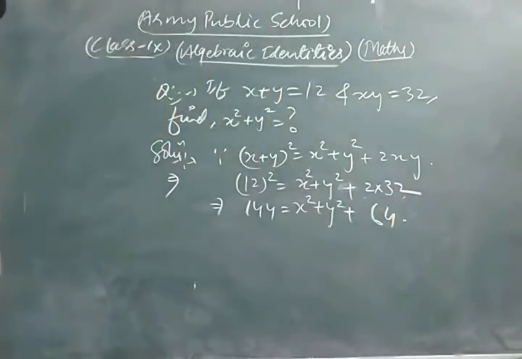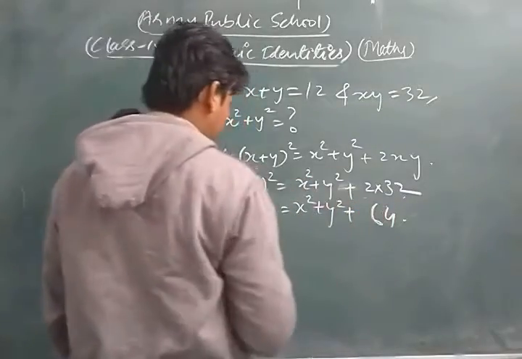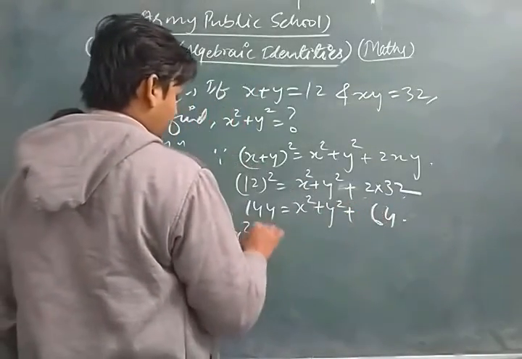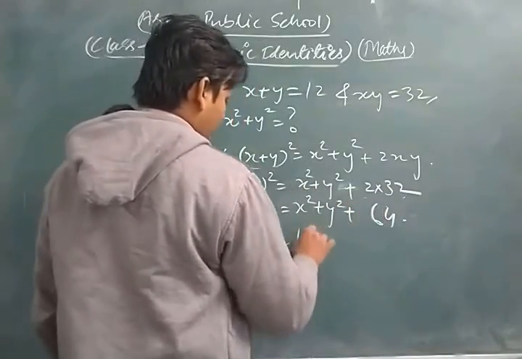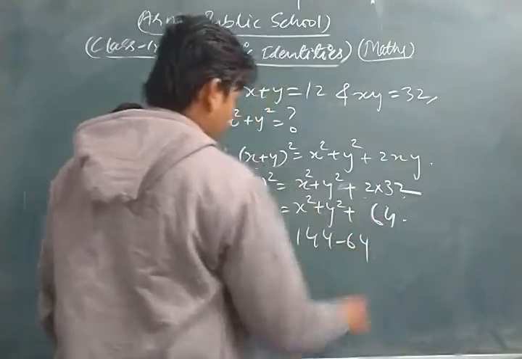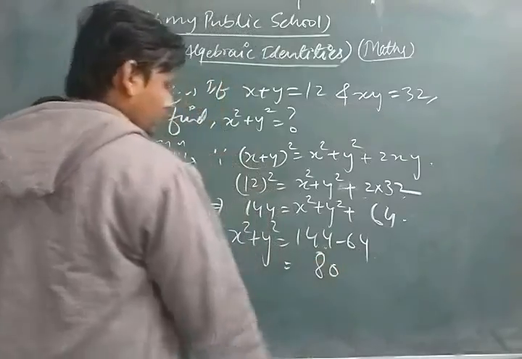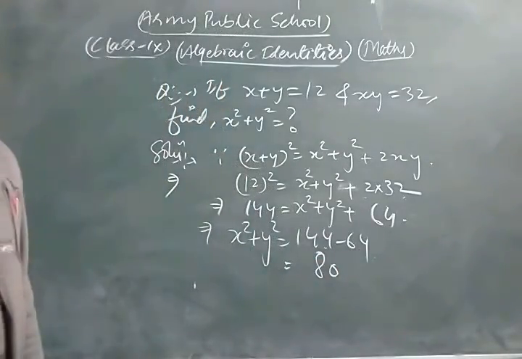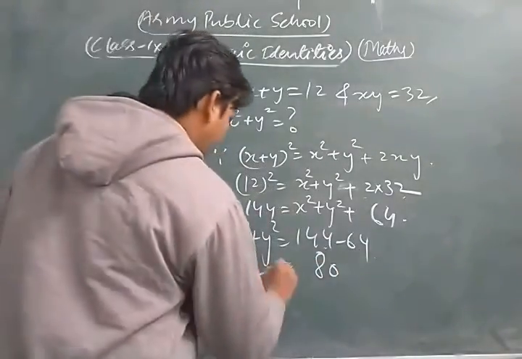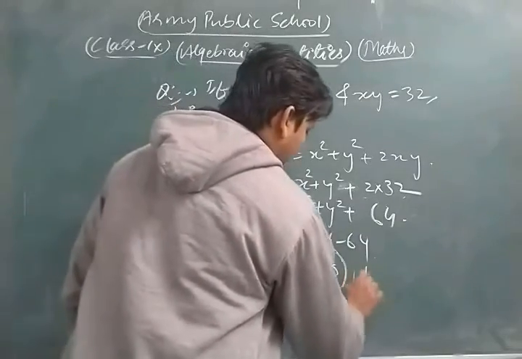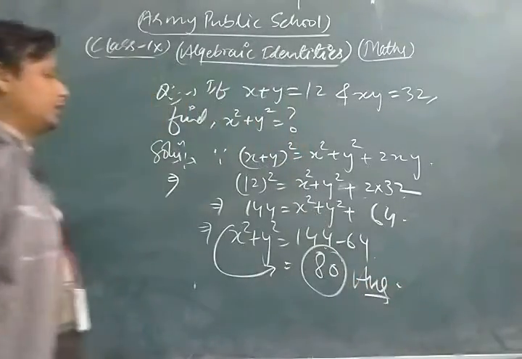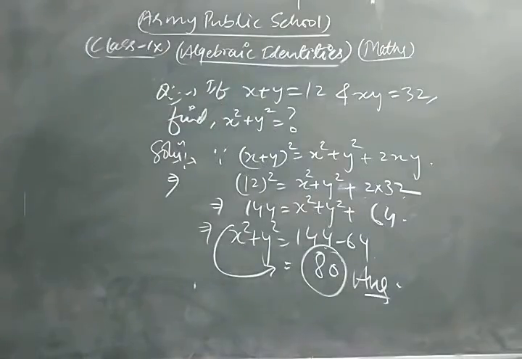Now we transfer that side, so x square plus y square equals 144 minus 64. Thus the value of x square plus y square is 80. This is the required solution of the given question.